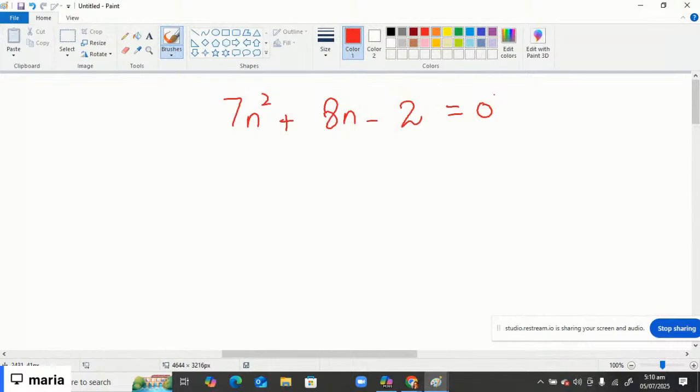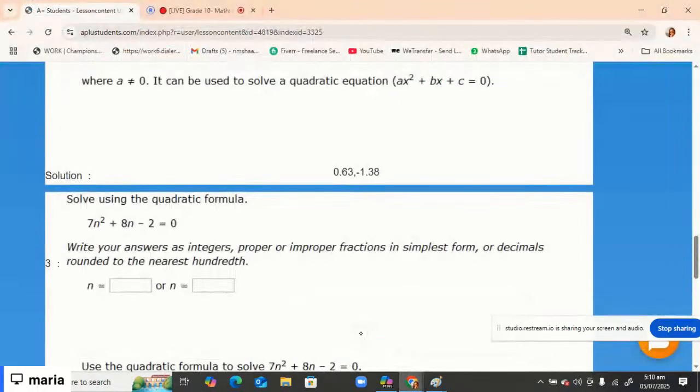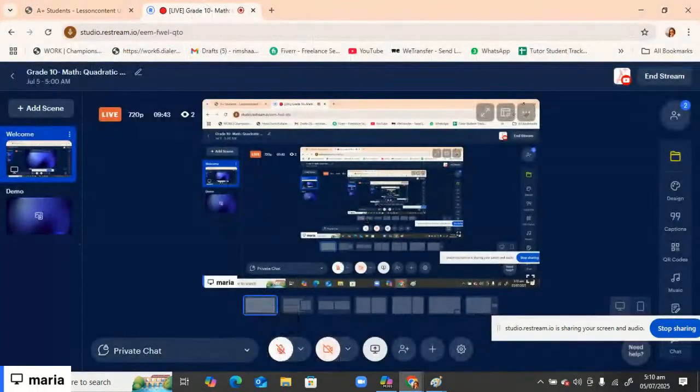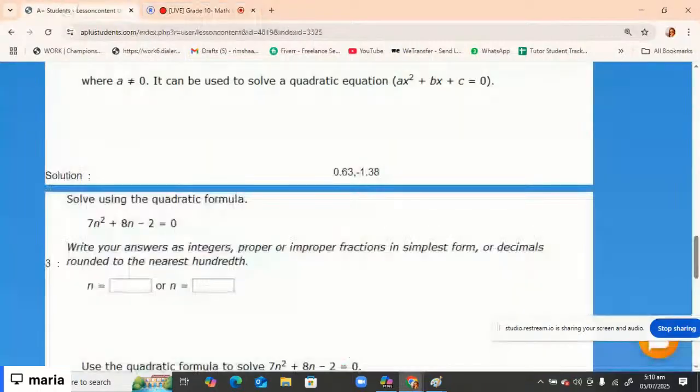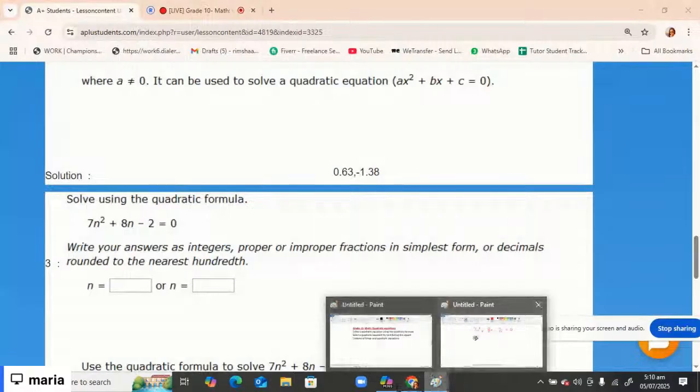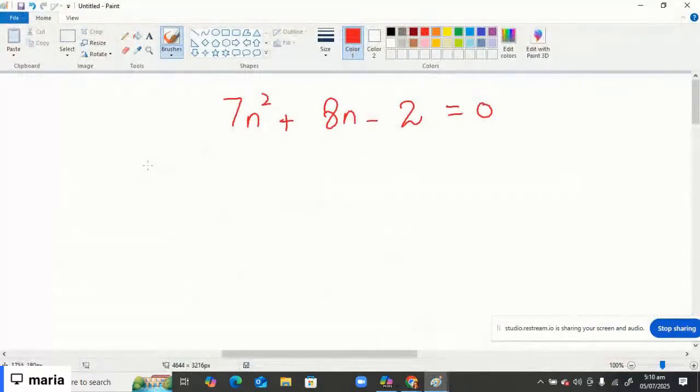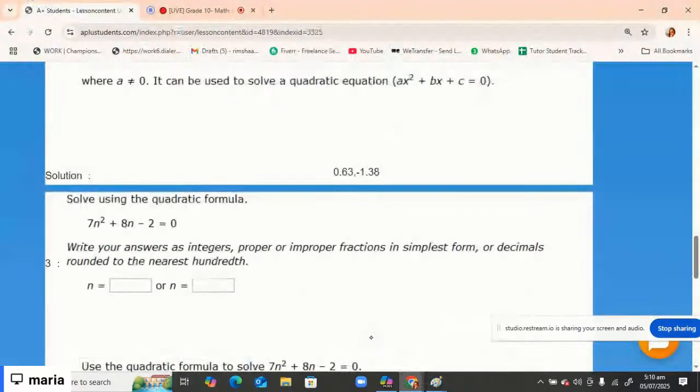So how can we solve it? Just give me a second. All right, so here first of all I'm going to write down the quadratic formula.